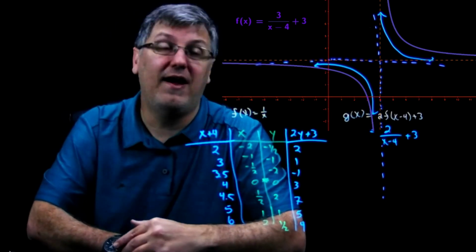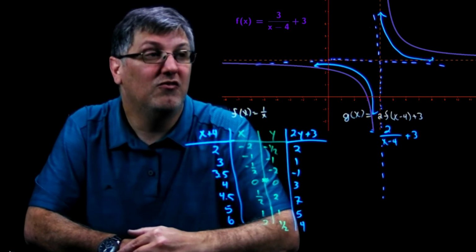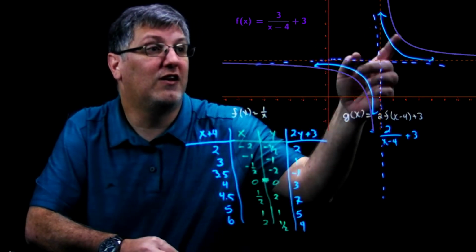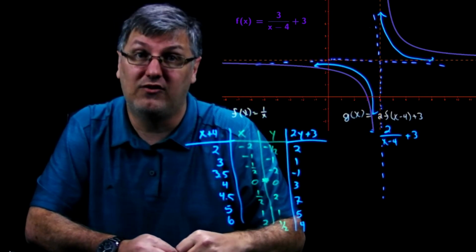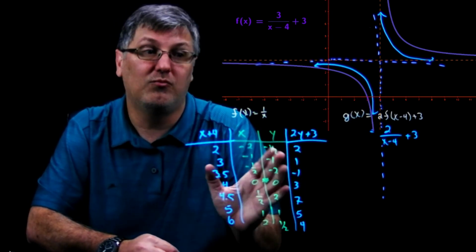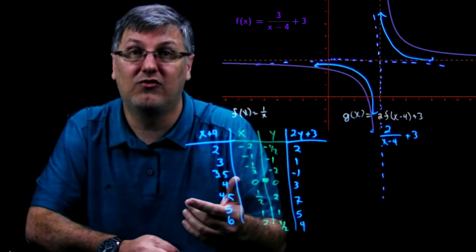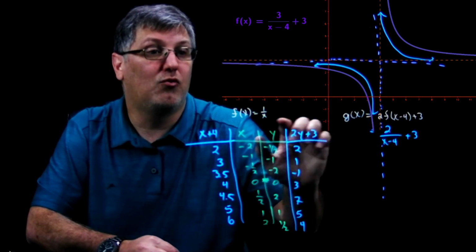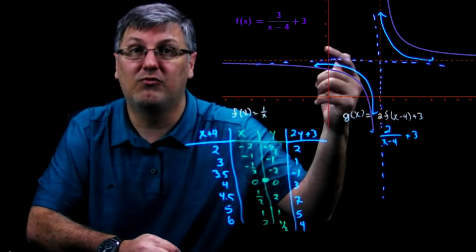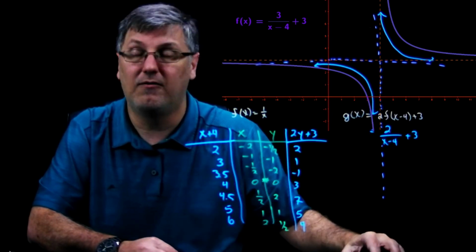Not terribly bad, really, for drawing on a blank piece of glass in front of me. You can see this gives you a general idea of what the graph is actually doing. You can be more precise by plotting all of these points. I'm really indifferent. Now, you know from transformations that we can do the written description. I can give you the equation and ask for the written description of the graph. We've been doing this for quite a bit now.